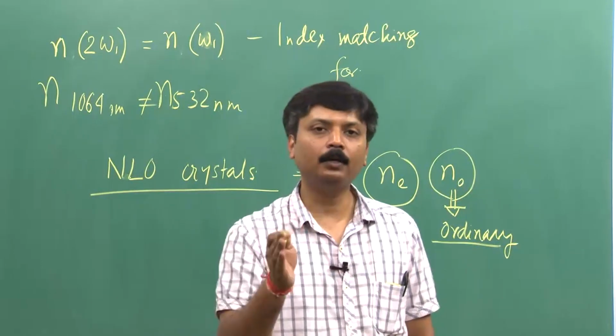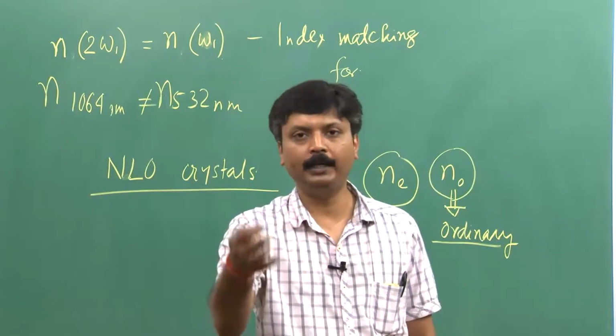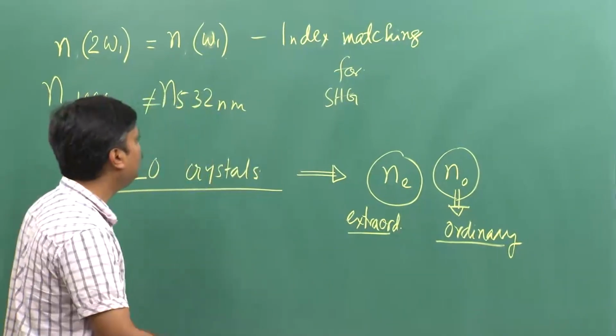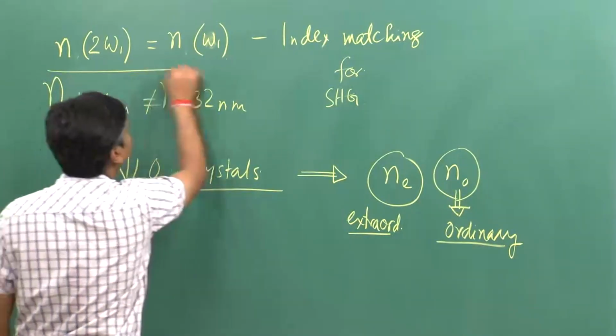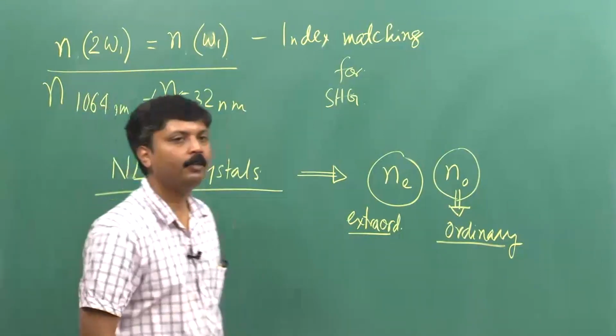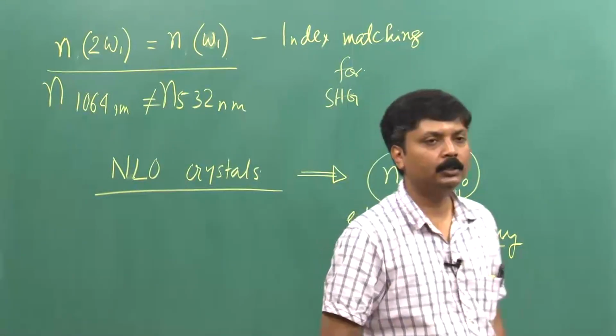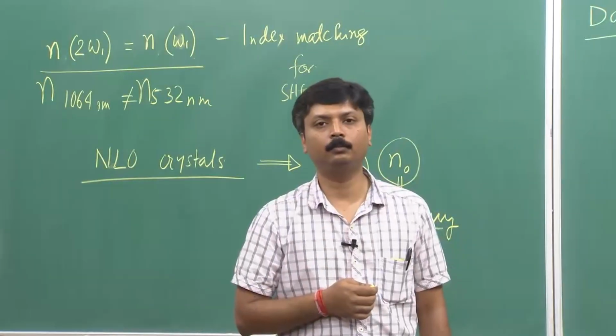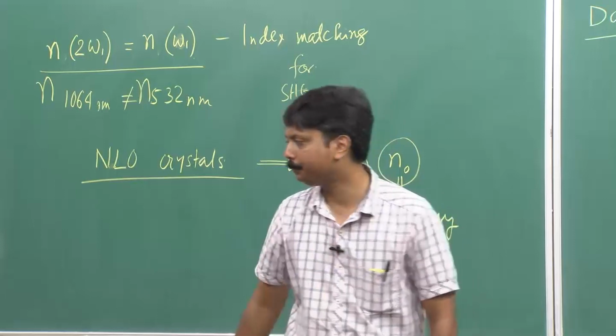This particular angle depends on the material that we are using. In that case you can ultimately achieve this condition and have the SHG process with a lot of power, a lot of intensity.